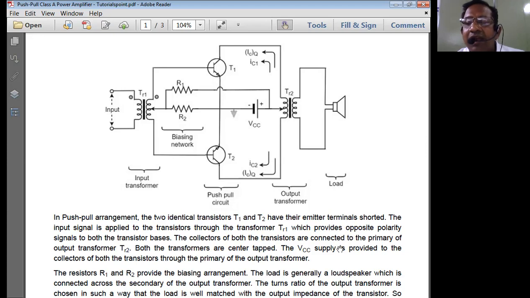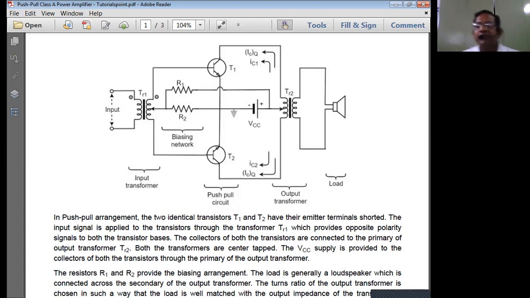So class A cannot really be used as a push-pull. The basic necessity of class A is to amplify the complete 360 degrees of the input signal. That is the basic name given because of the firing angle. That is slightly violated if you go with the push-pull type of power amplifier.